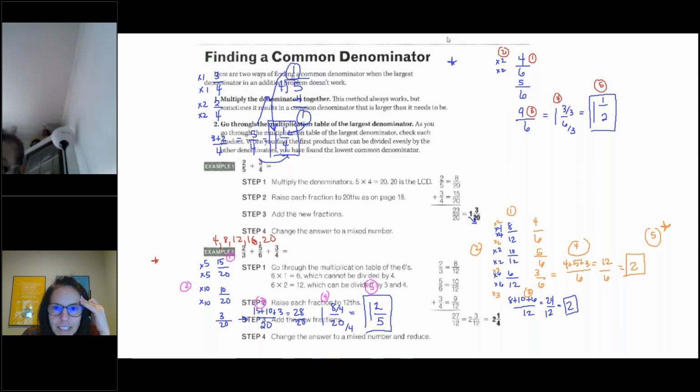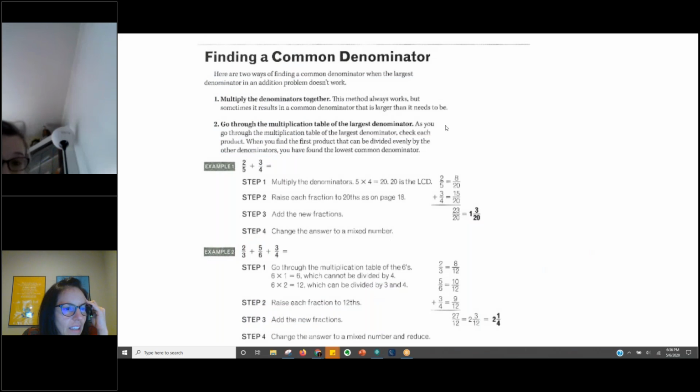All right, let me clear my stuff. Now the packet makes it seem like we're going to do two completely different things. I wanted to show you this page. If you're in the packet, this is going to be your next page. There's no new method. They try to teach it like it's 2 different things.